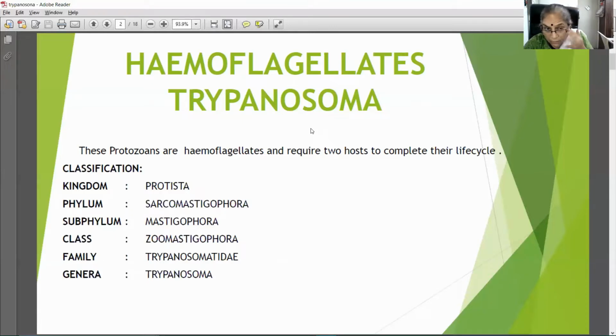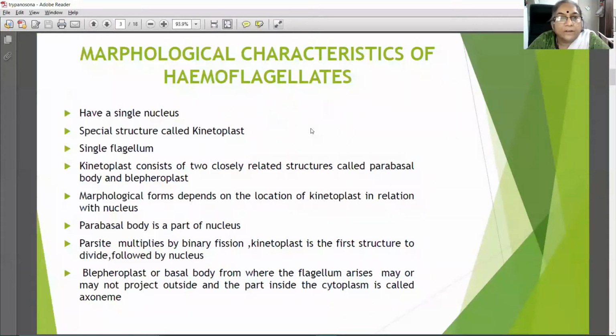They belong to kingdom Protista, phylum Sarcomastigophora, subphylum Mastigophora, class Zoomastigophora, family Trypanosomatidae, and genus Trypanosoma. This was the classification. Next, we'll see the morphological characters of the hemoflagellates.